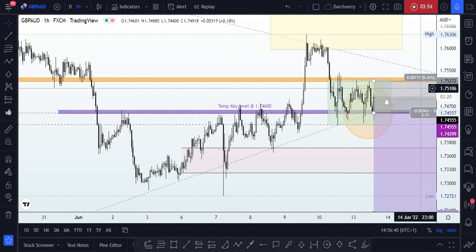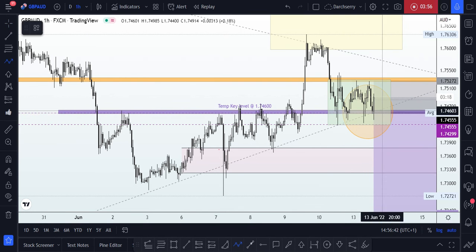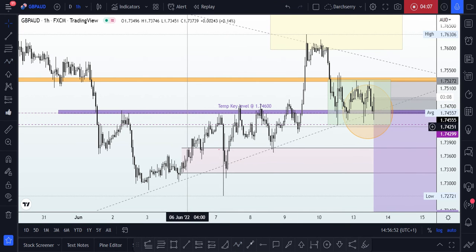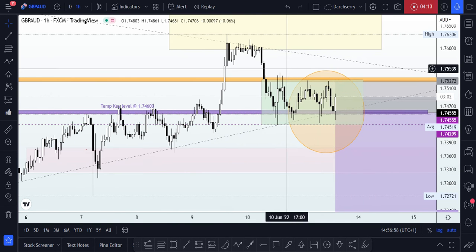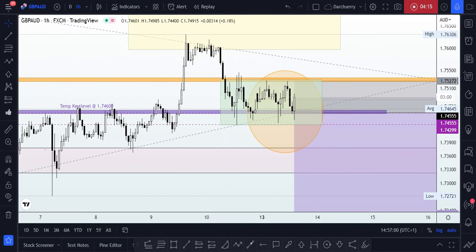After which, if I see price move down, then a retest of structure, and I see reversal patterns on lower time frame, like the 15 minutes or the 10 minutes time frame, then I want to add one more position at this level at 1.74313 area to take advantage of the trend continuation to the downside.